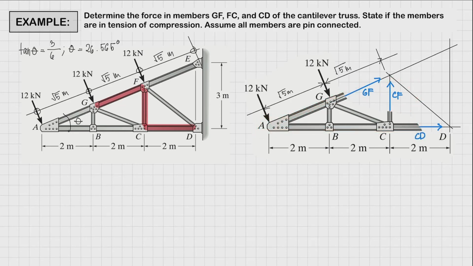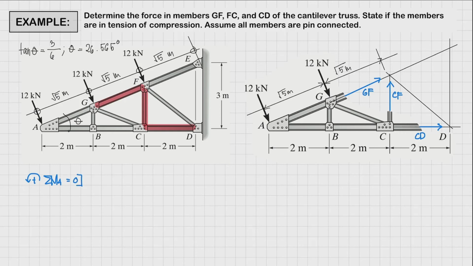Right, so let's do that. So summation moment at A, we're going to assume a positive counterclockwise for the rotation. Summation moment at A must be equal to 0 for equilibrium.